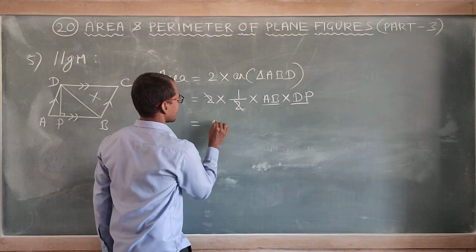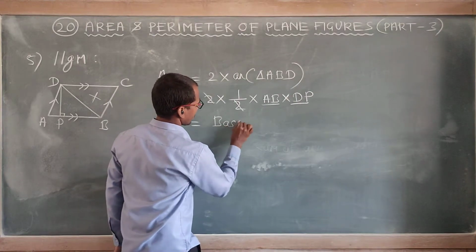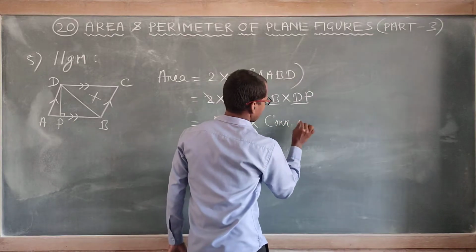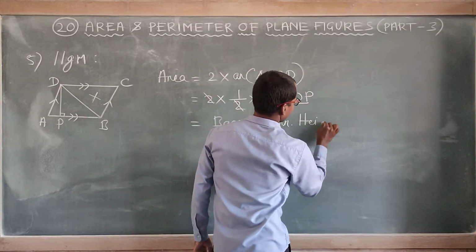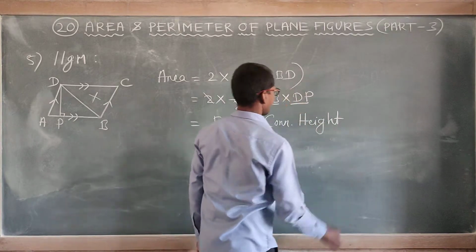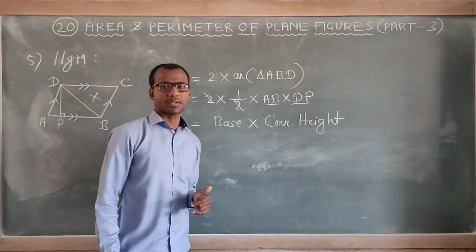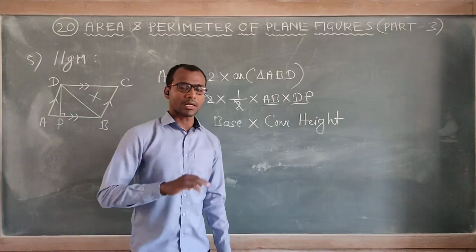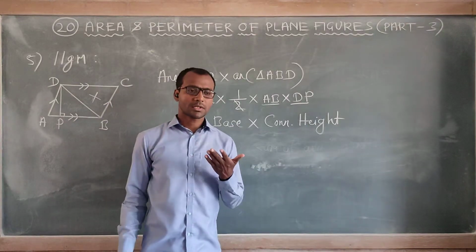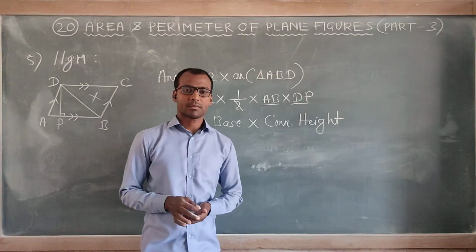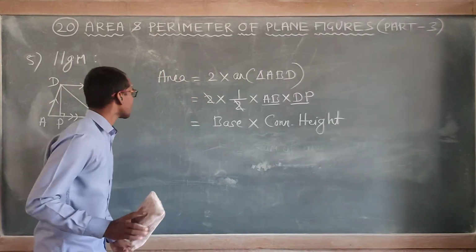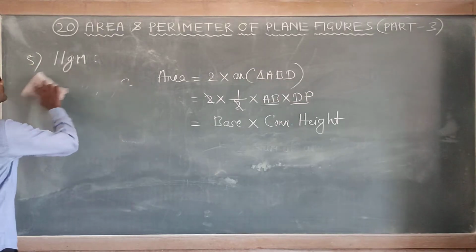So we can generalize this: area is base into corresponding height. Here height means distance between the parallel sides. In the case of a triangle, height was the perpendicular distance of a side from the opposite vertex. Here also it is perpendicular. So this is about parallelogram.